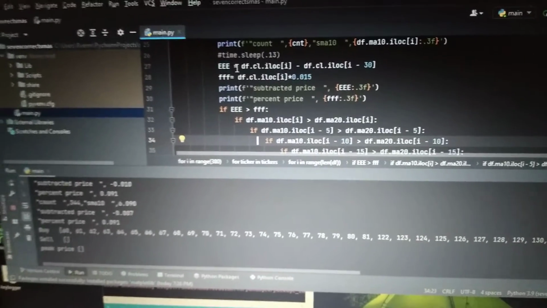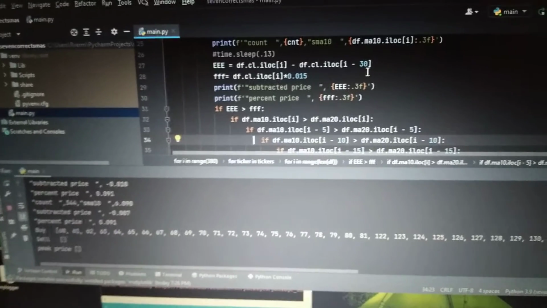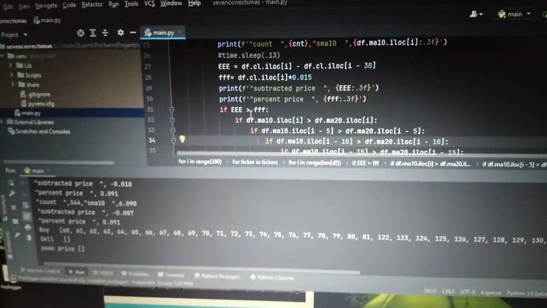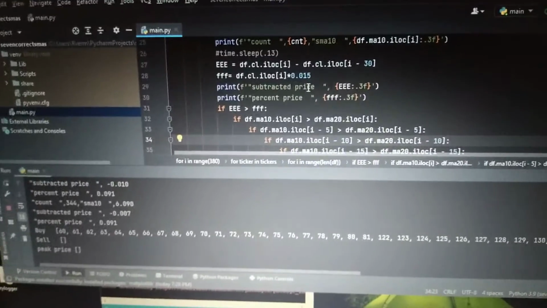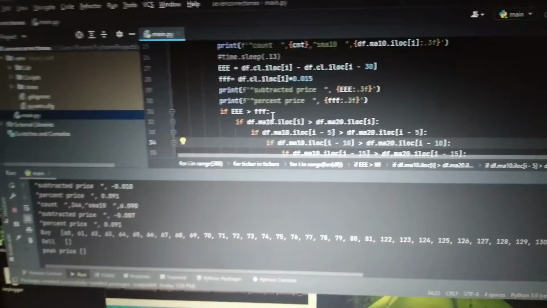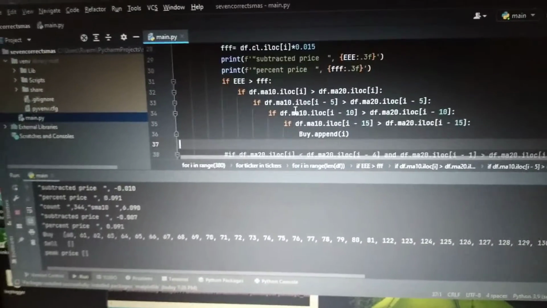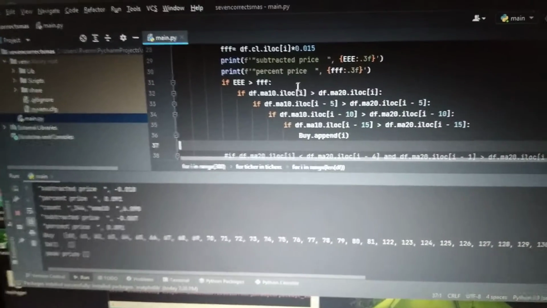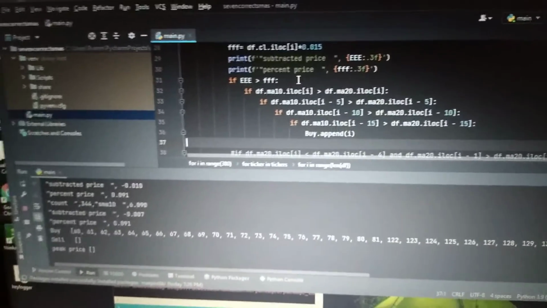And EEE is the price from 30 minutes ago, minus 30 minutes ago. So if the price is rising faster than 1.5%, it will allow it to be recorded.